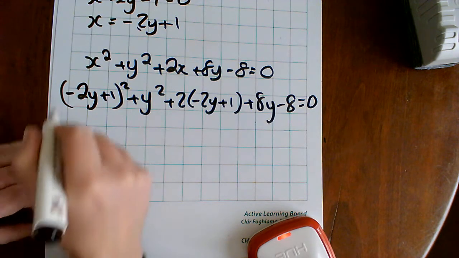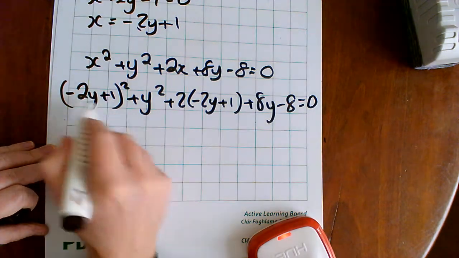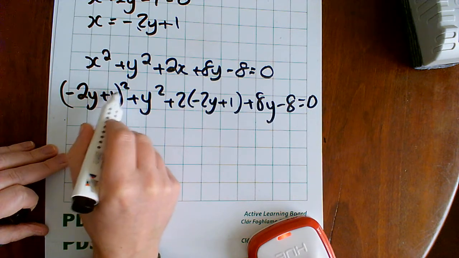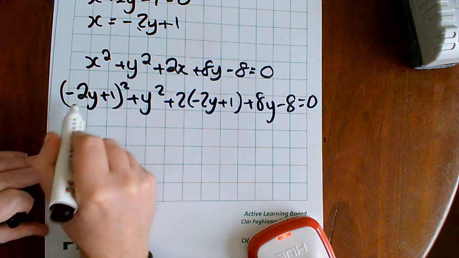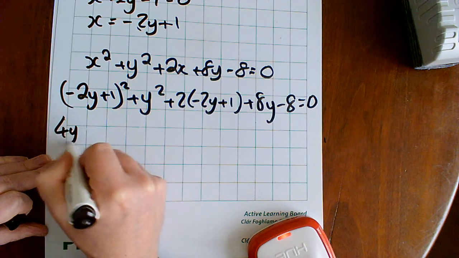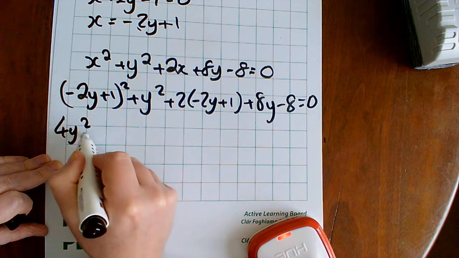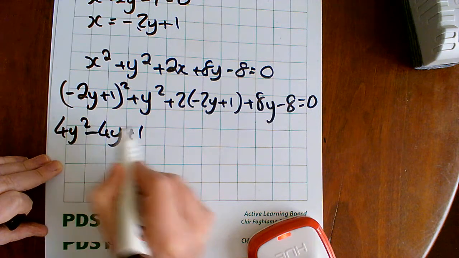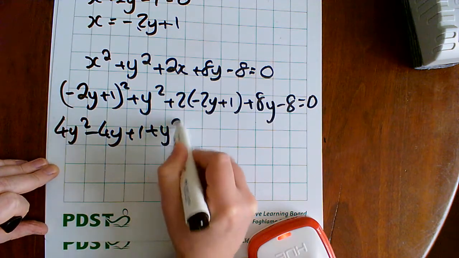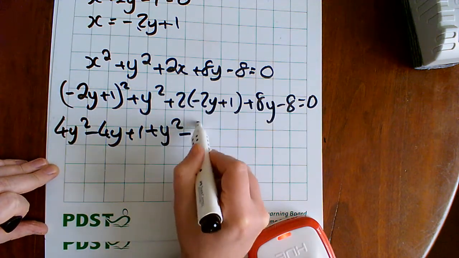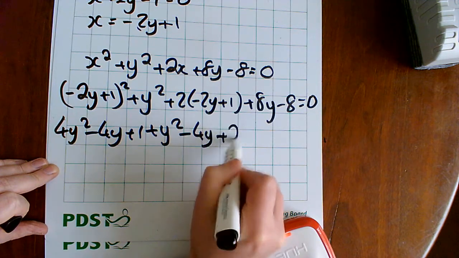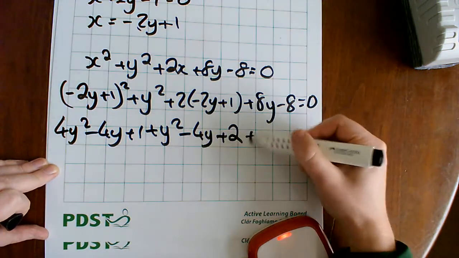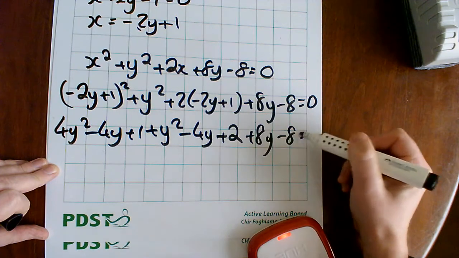I then multiply out the brackets. Remember, people have had trouble multiplying out a square bracket. They have to do it the long way. I do it the short way. That one squared, 4y squared. That by that is minus 2y, double it, minus 4y plus 1. That multiplied out gives me that. Plus y squared, multiply out this bracket, minus 4y plus 2 plus 8y minus 8 equals 0.